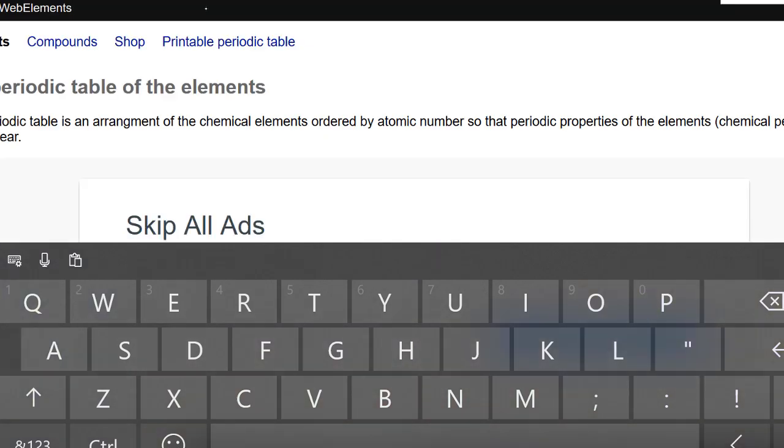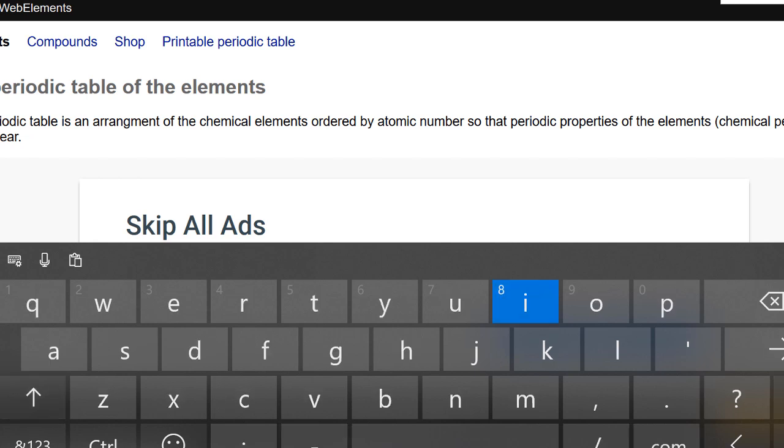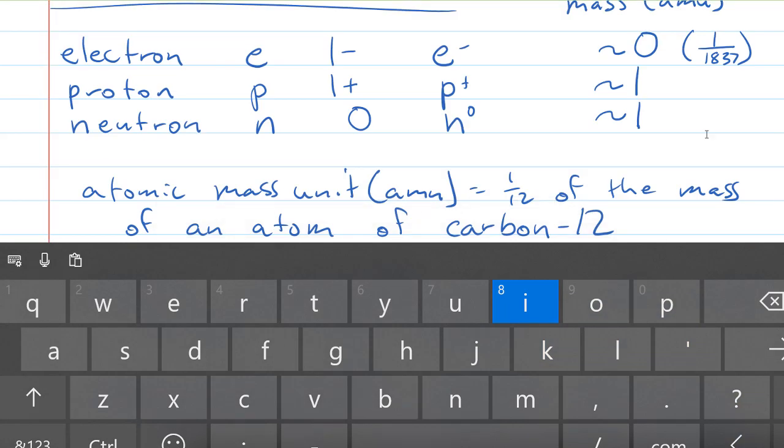This is the one that I like to use. It's the Web Elements Isotopes. And now, how do I get rid of this thing? It's trying to type or something.